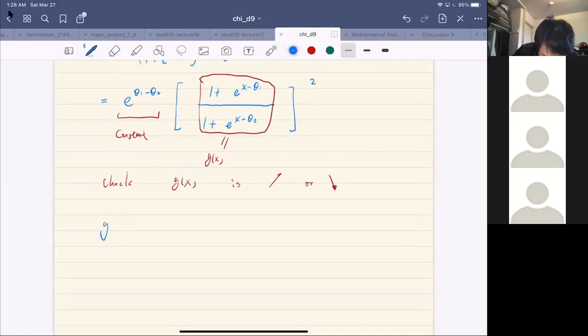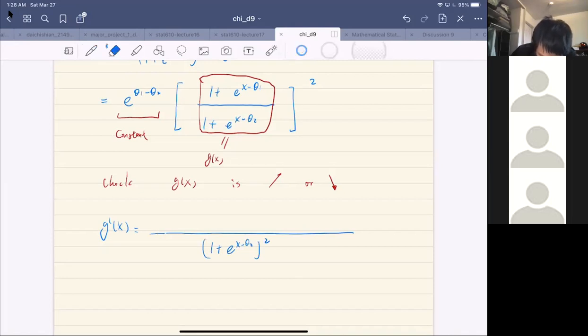Let's find the first derivative of g of x. The denominator is this squared, and we multiply another term. The derivative of the numerator is e to the x minus theta 1, and the derivative of the denominator is e to the x minus theta 2.